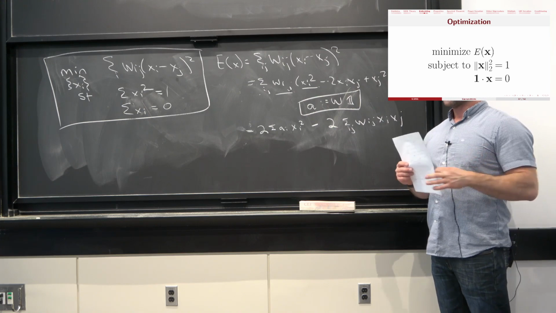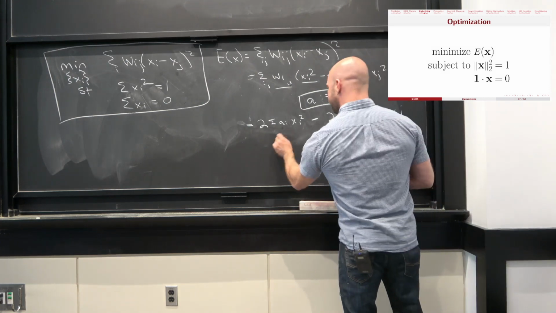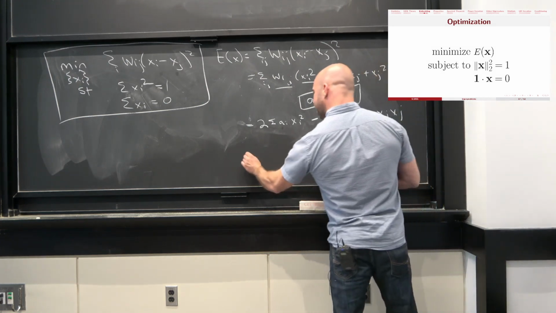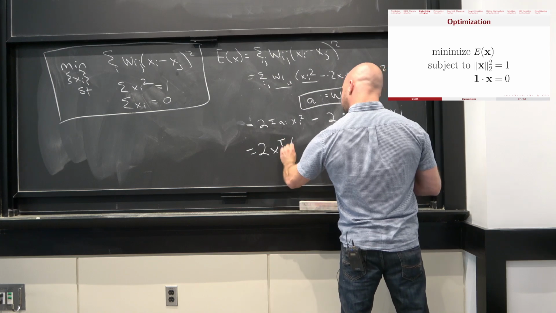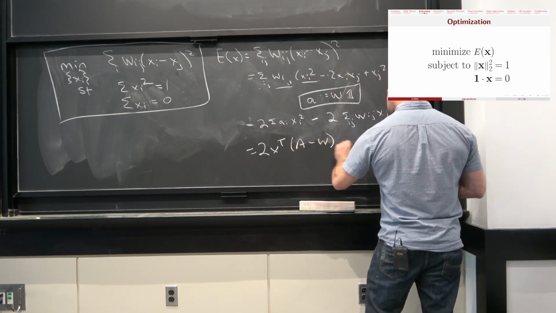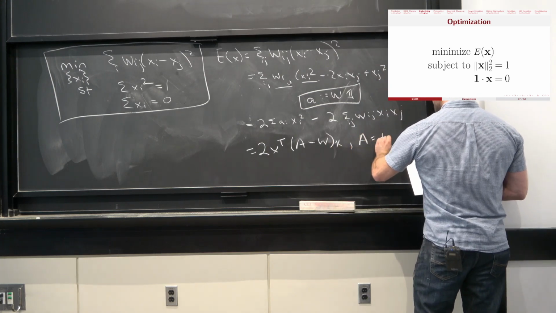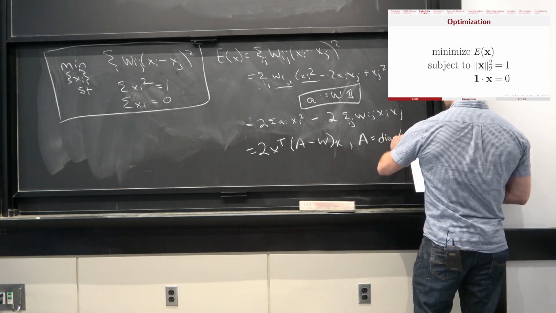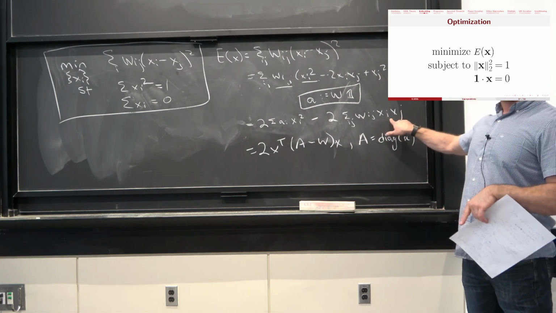So now we're basically in business. We can write this entire expression in a nice tidy way as 2 times x transpose (A minus W) x, where big A is the diagonal matrix of little a. This is just tidy notation for the same thing. You see that because this is already a quadratic form with W in it.